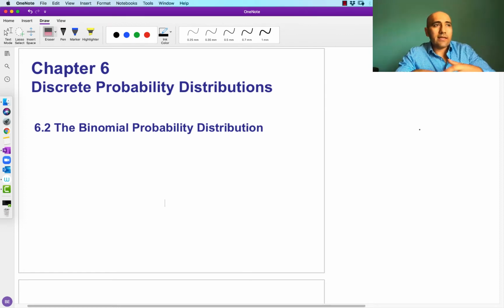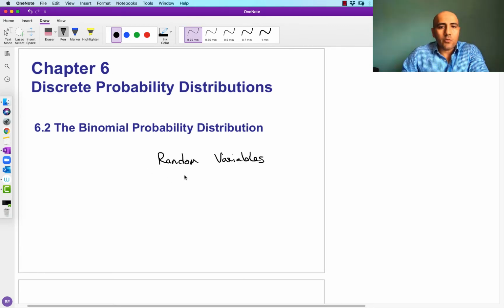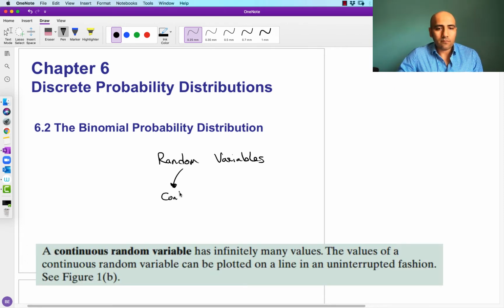All of that is driven by probability and chance. Within the large umbrella of random variables, we have two general types we're going to be working with. One of them is continuous random variables. We will work on that in chapter 7 and beyond, so not now.